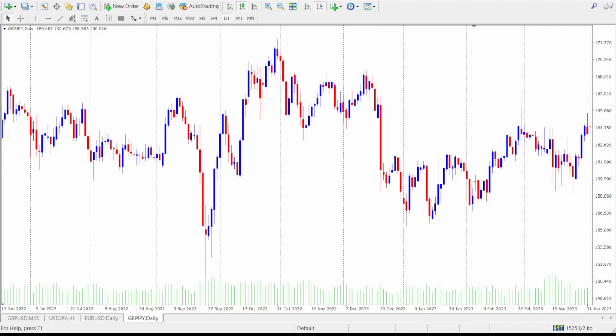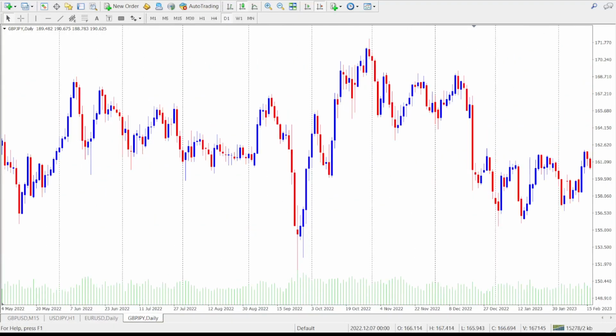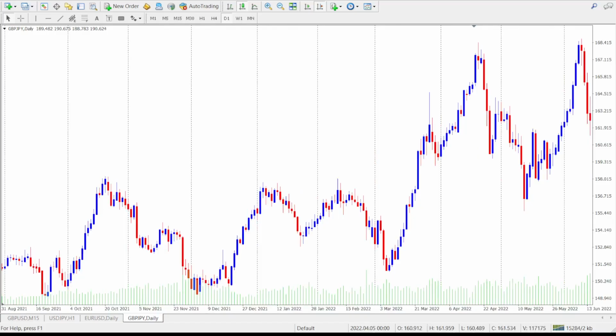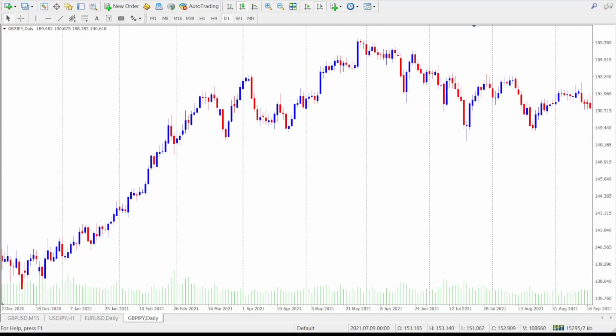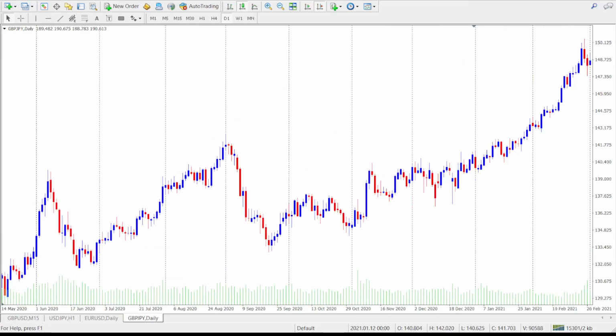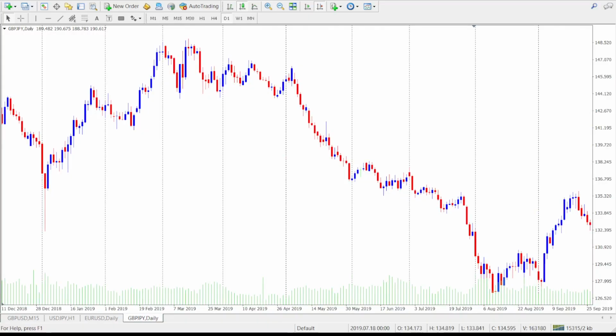Now, before we dive into the strategy, let us talk about what range trading actually is. A range bound market is when price moves sideways between two clear levels.